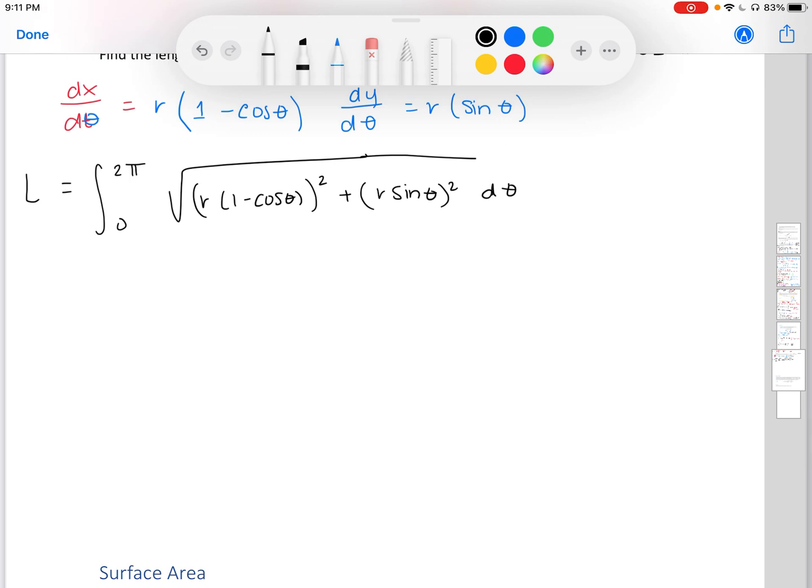Alrighty, let's clean up the inside. So we're left with r squared, and now this whole thing is squared. So we have r squared times 1 minus cosine theta squared plus r squared sine squared theta d theta, all under a radical.